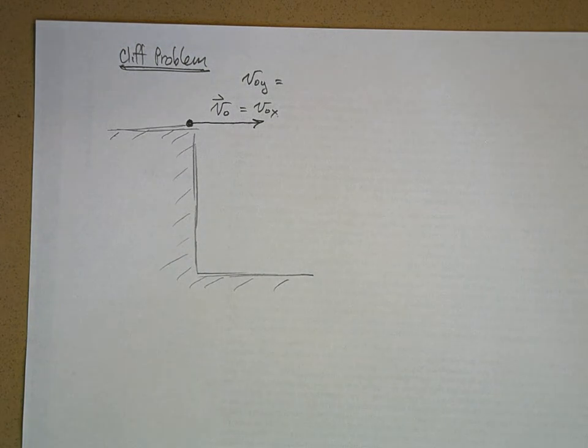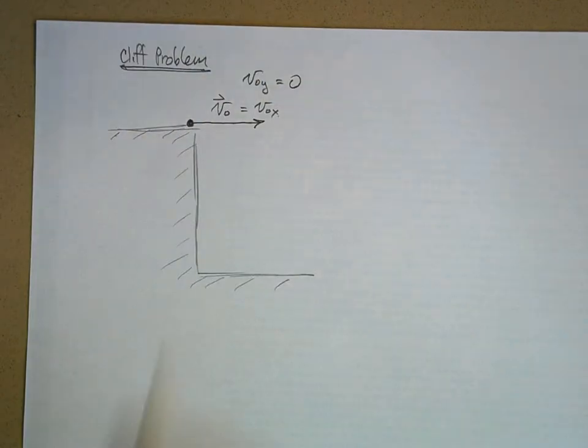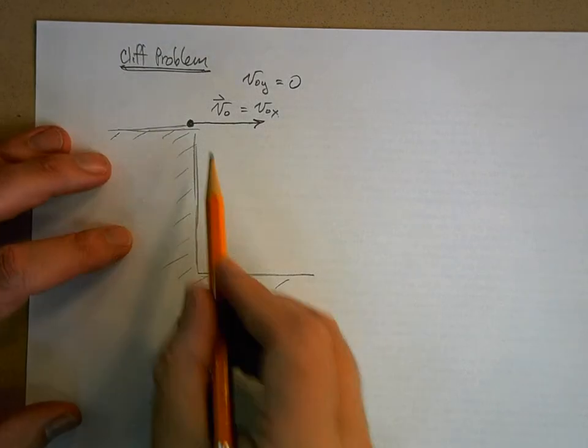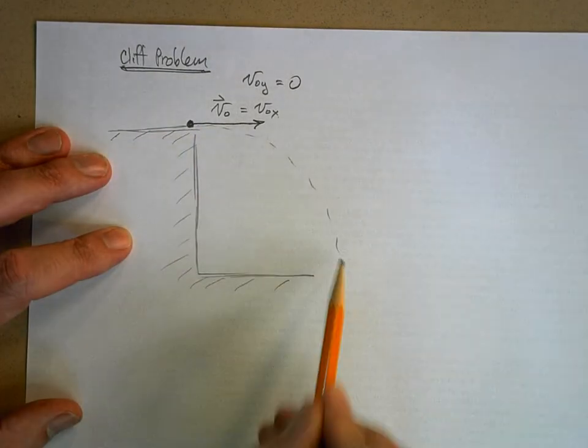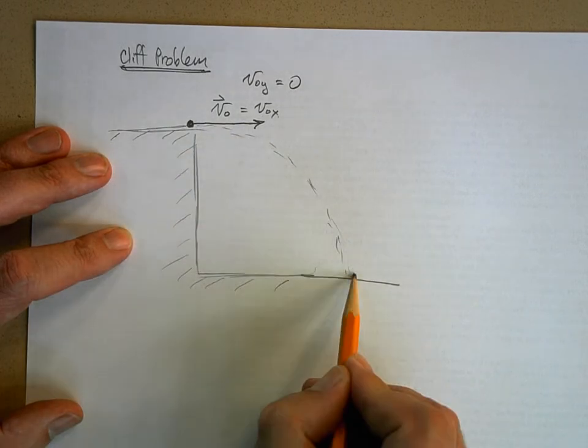What do you think? If you throw something horizontally, as soon as it leaves your hand, what is its velocity in the y direction? 0. That's useful information. And then the rock's going to go smack. Notice that this is like half a parabola.